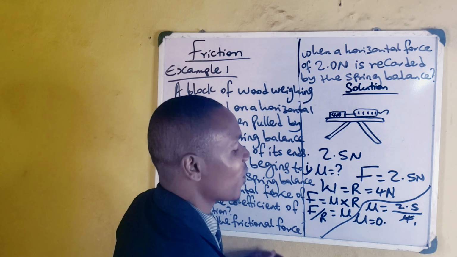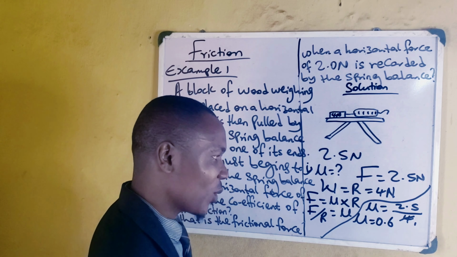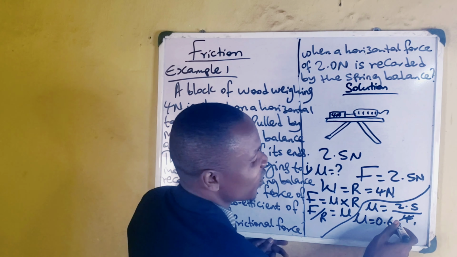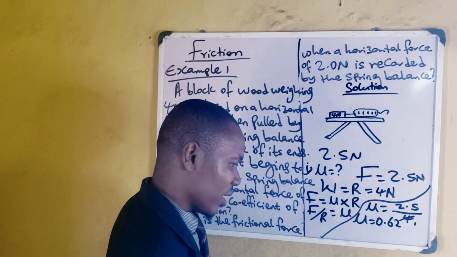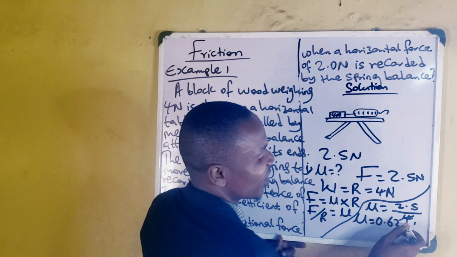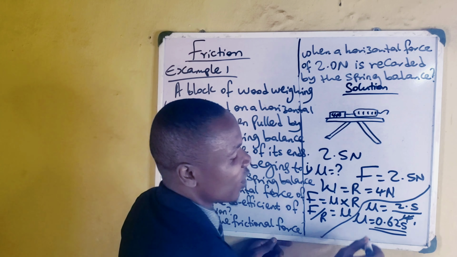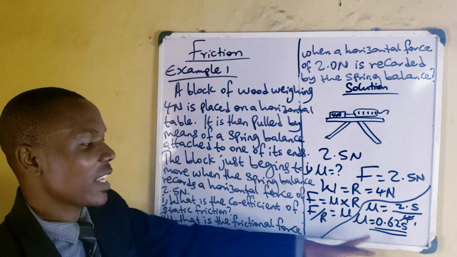When 4 divides 25, it will give us 6, remainder 1. That 1, add 0 at the back of it, it will become 10. When 4 divides it, it will give me 2, remainder 2. Add 0 at the back of 2, making it 20. When 4 divides it, it will give me 5. Can you see that? So it means that the coefficient of static friction is 0.625.